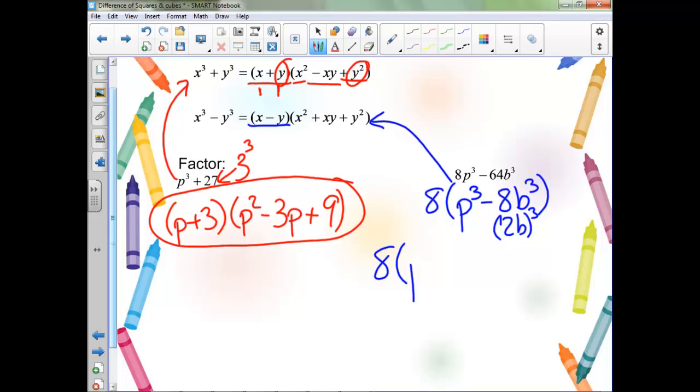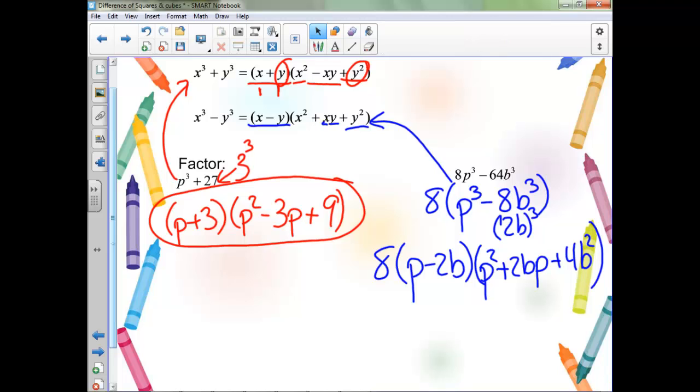So we'll have p minus 2b, and then our first term squared, plus our first term times the second term, so 2pb, plus the second term squared, so 4b squared.